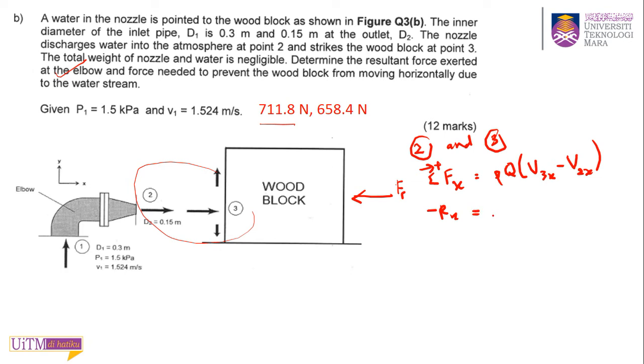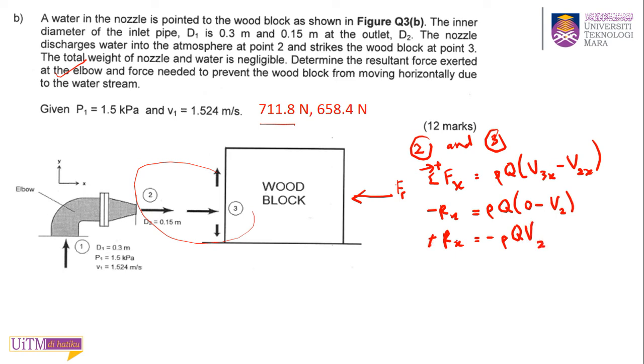equal to rho Q, V3x is 0 and V2x you have a V2x lah, okay, in the same direction, so that's why just 0 minus V2x. Okay, so you have minus Rx equal to minus rho Q V2.